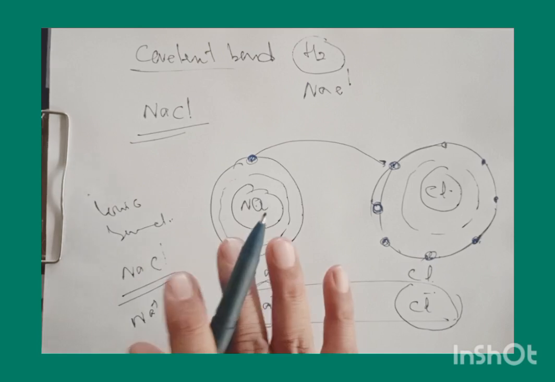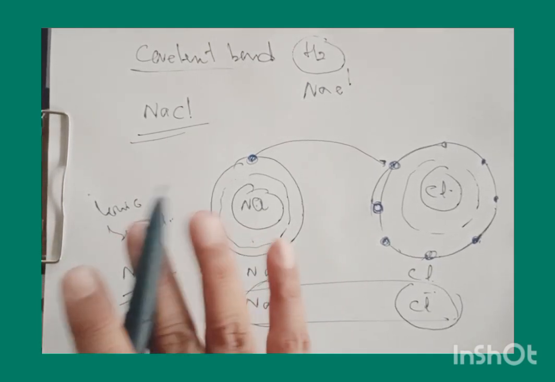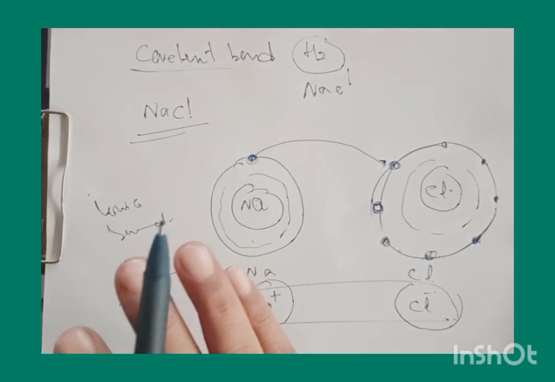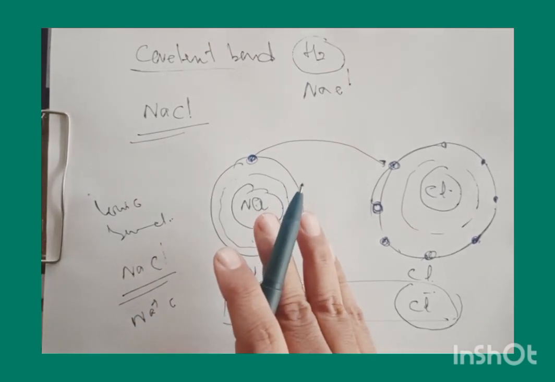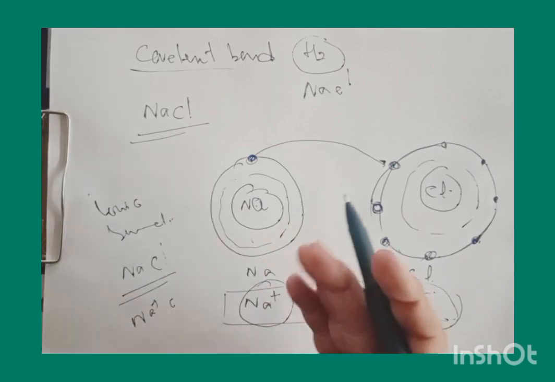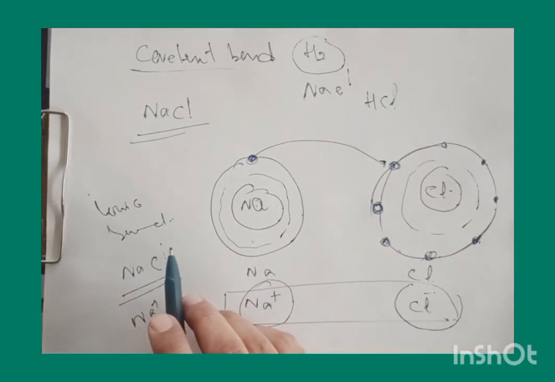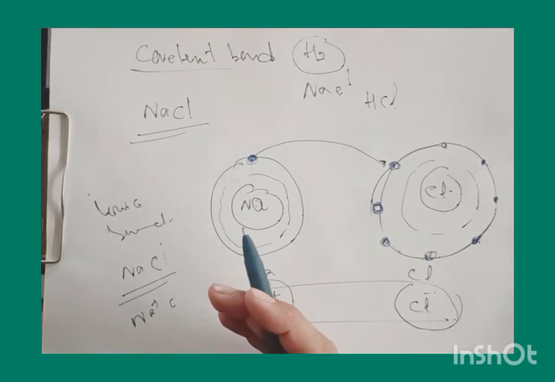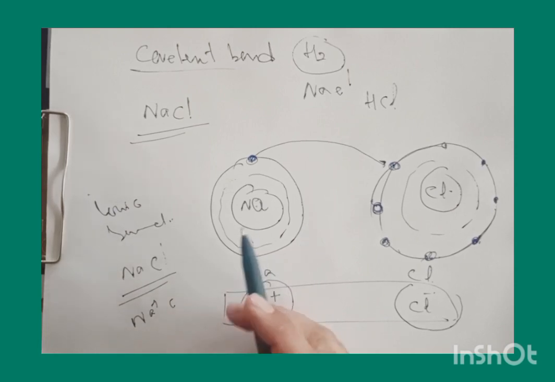Now, in many molecules, we can have intermediate types of bond, in which the atoms share electrons to an unequal extent. For example, in a hydrogen chloride molecule, the Cl atom attracts the shared electrons more strongly than the hydrogen atom.